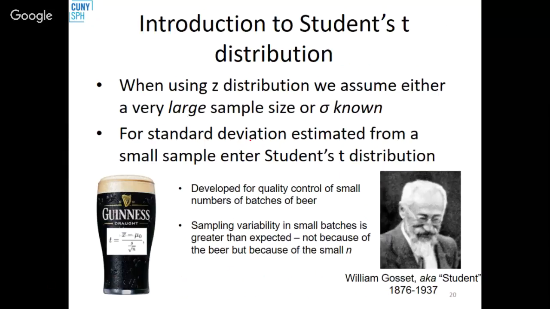So using the z-distribution is okay as long as we have a very large sample size, or sigma is known. And I say not just large, but very large, because even when we are deciding to use something like a t-test, we often talk about n equals 30 as being a large enough sample that we can use the assumption of a normal population.